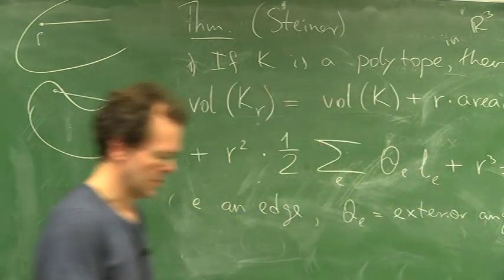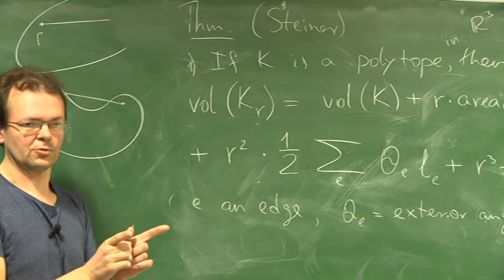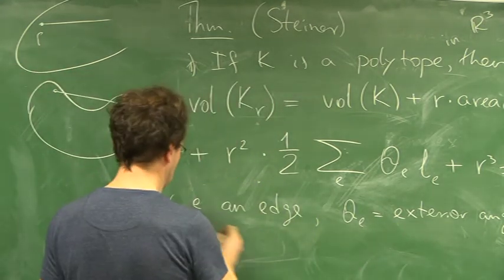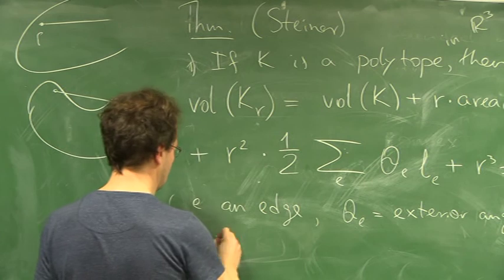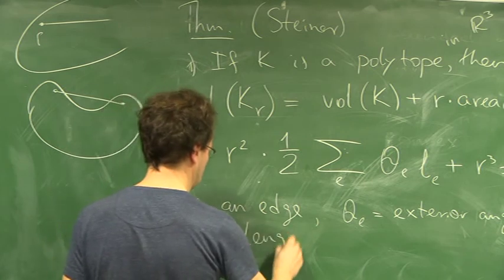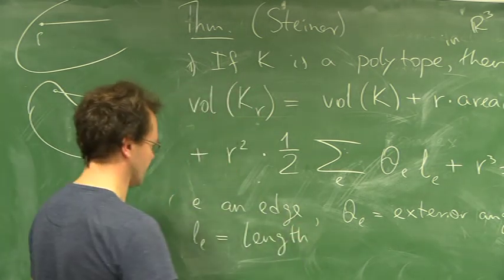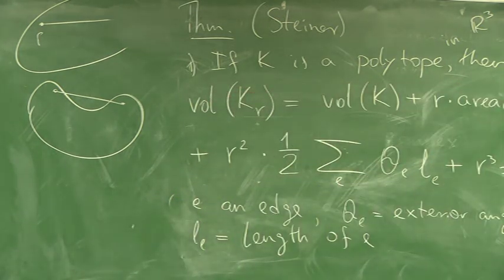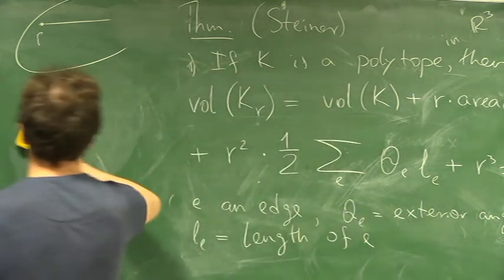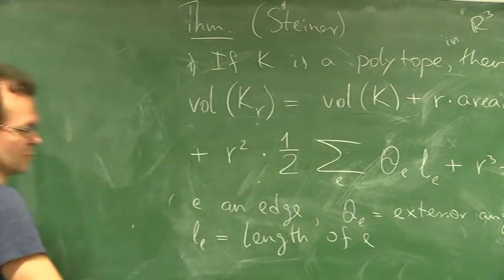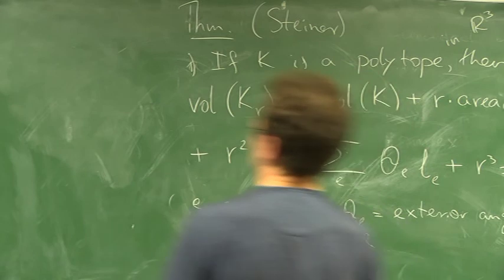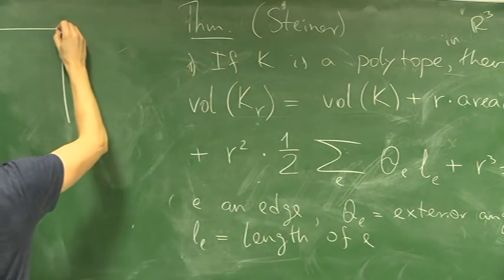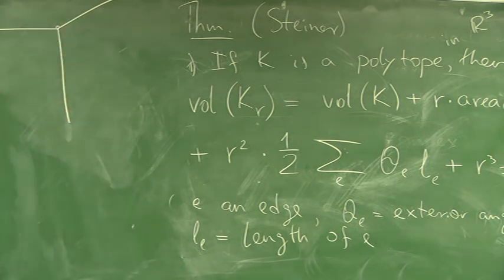So that is the angle between the normals to two faces at E, and LE is the length of E. So it is good to try to draw a picture. If the picture will be good, it is good. If not, then we have at least tried.